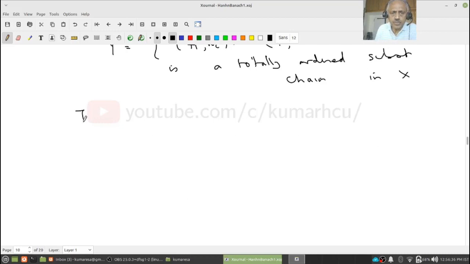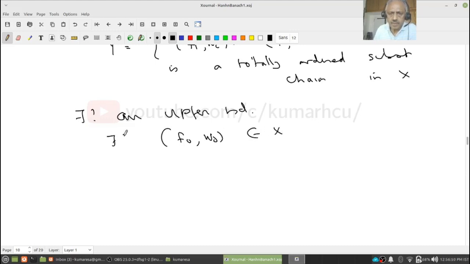I have to prove whether there exists an upper bound. What does that mean? I have to say whether there is some (F naught, W naught) in X such that for each (Fi, Wi) in Y, (Fi, Wi) is less than or equal to (F naught, W naught).